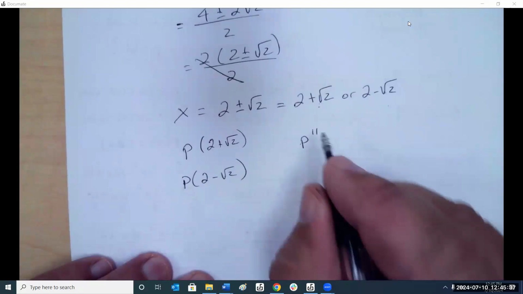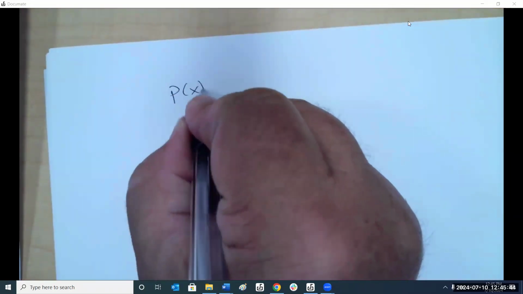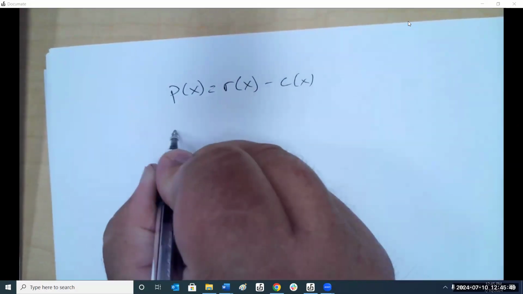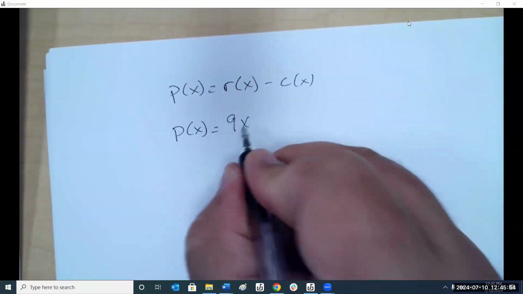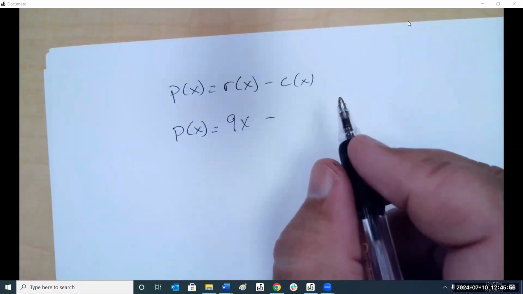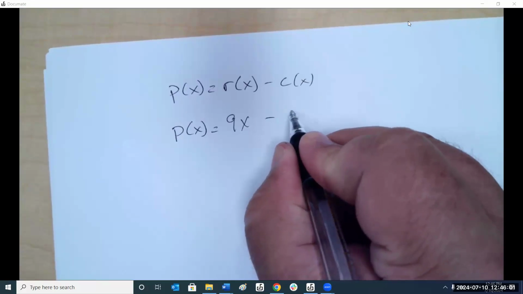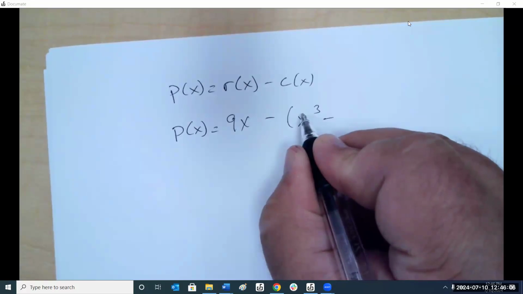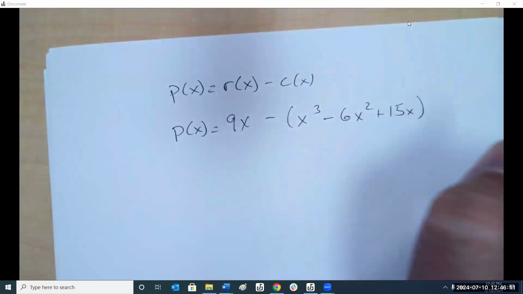So let's look at that. So the profit function is R minus C. The R function was 9x, and the C function was x cubed minus 6x squared plus 15x.